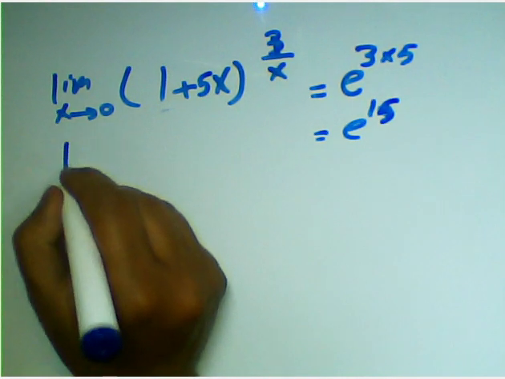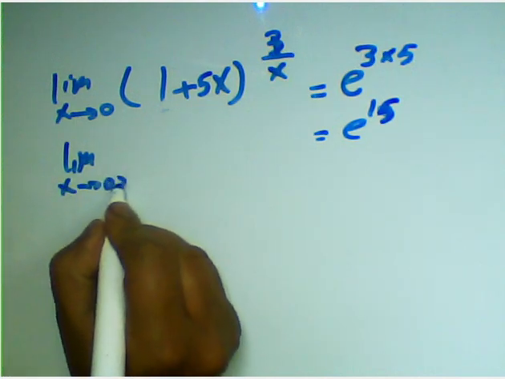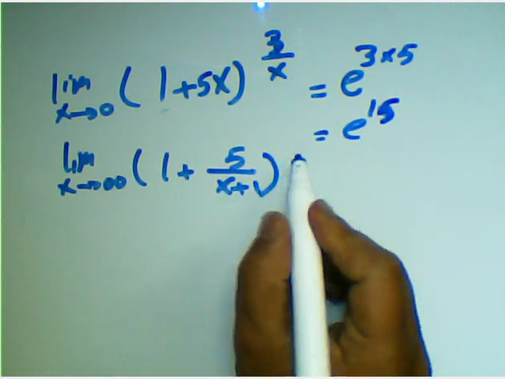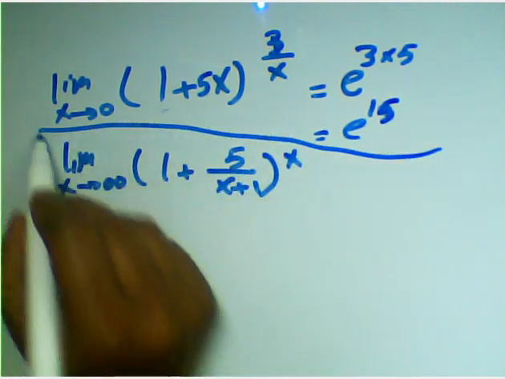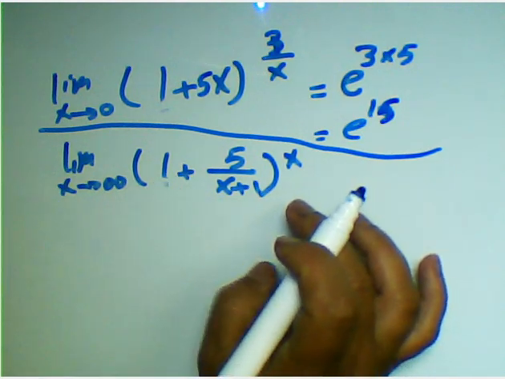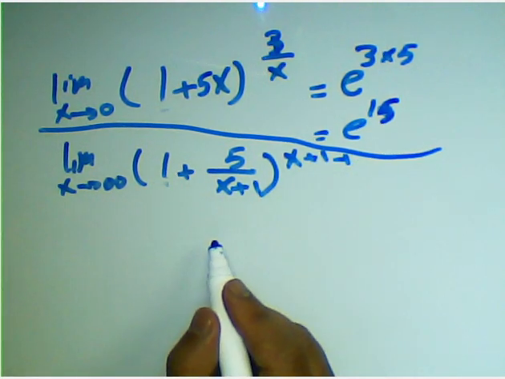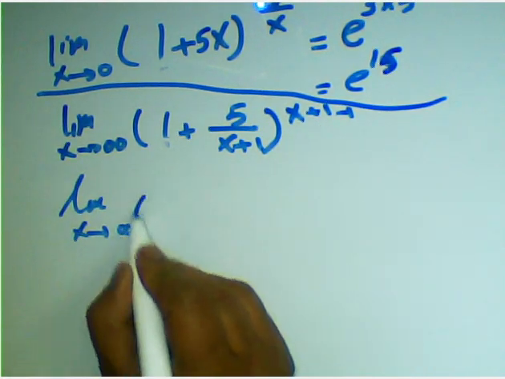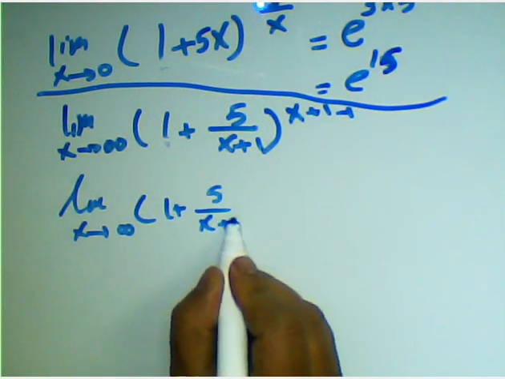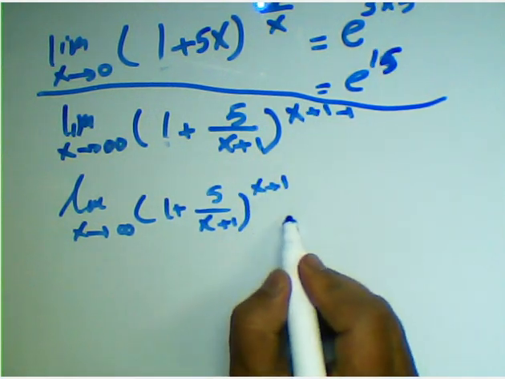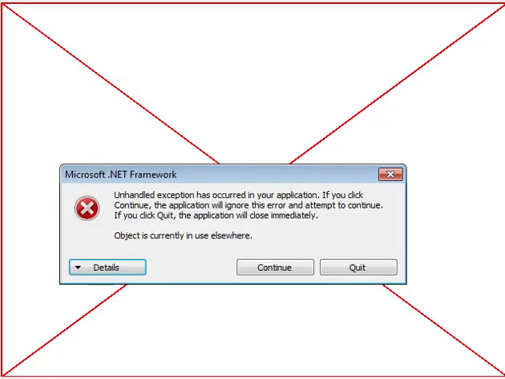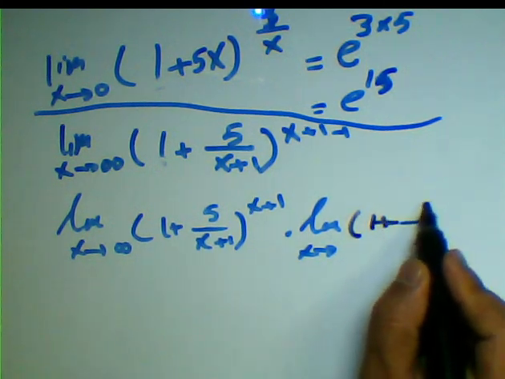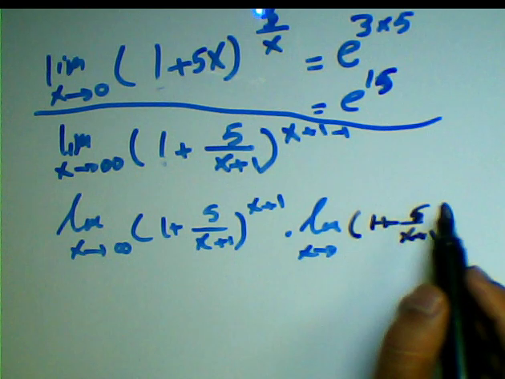Limit, when x approaches infinity, of the function (1 + 5/(x+1))^x. We can solve this limit by adding 1 to the power and negative 1. Using properties, (1 + 5/(x+1))^(x+1) multiplied by the limit as x approaches infinity of the same function (1 + 5/(x+1))^(−1).